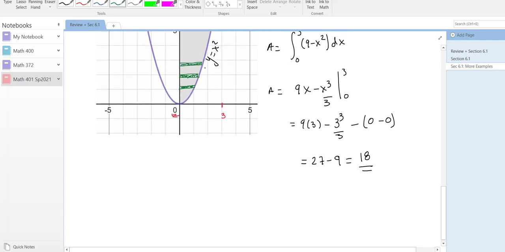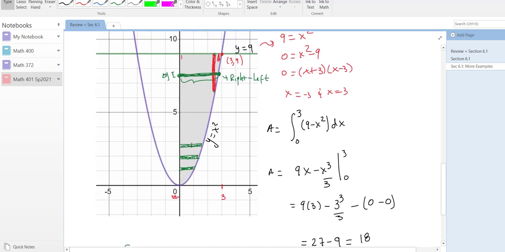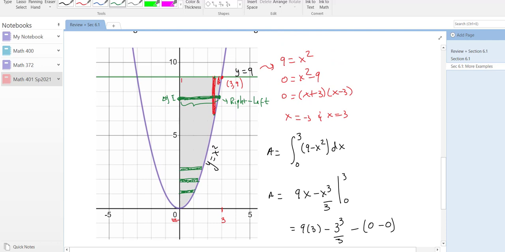And so when I set up my integral, the area is going to be, now notice that our rectangles are horizontal, and they're moving vertically. Starting at 0, you're changing the rectangles all the way to where?